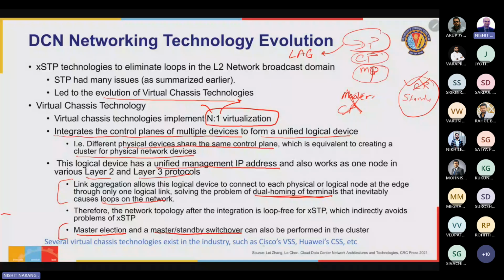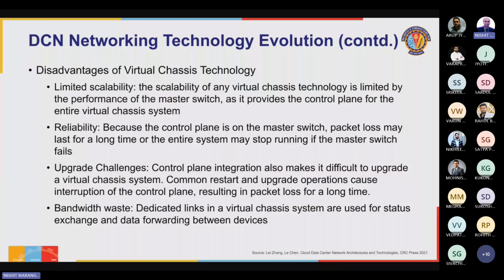So Cisco VSS, Huawei CSS, these are virtual chassis technologies that evolved during that period, and some data center networks still practice it. Okay? So this was the first step forward. Avoiding spanning tree protocol challenges, avoiding broadcast storm, the virtual chassis technology was evolved.